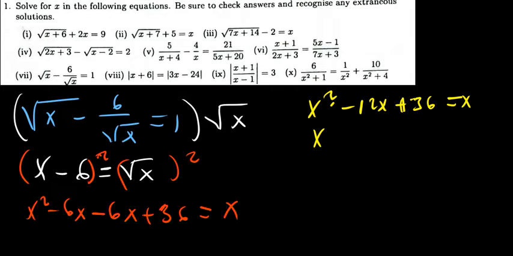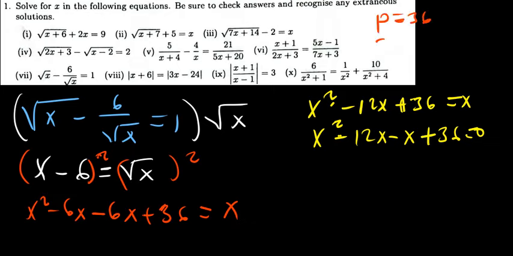We'll have x squared minus 12x minus x plus 36 is equal to 0. That is a quadratic equation. The product is 36, the sum, now I've not finished. So it will be x squared minus 13x plus 36 is equal to 0.